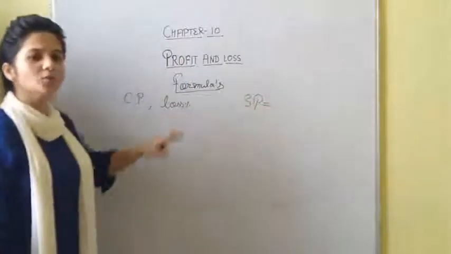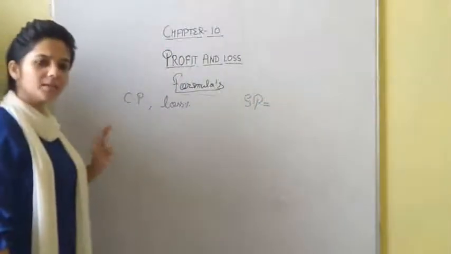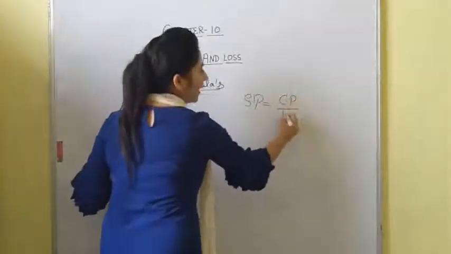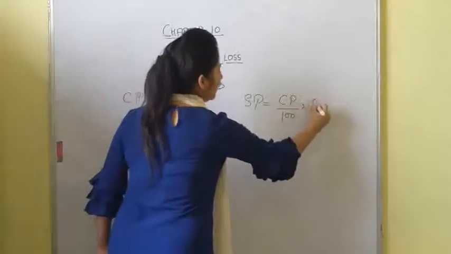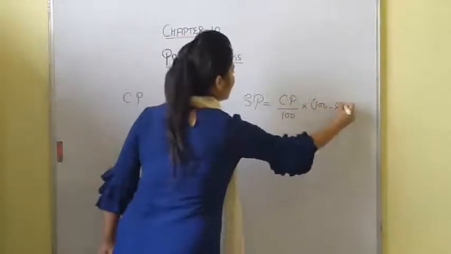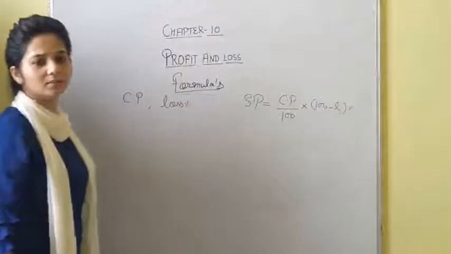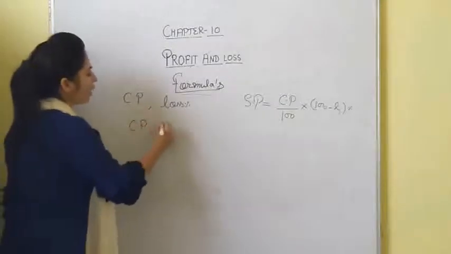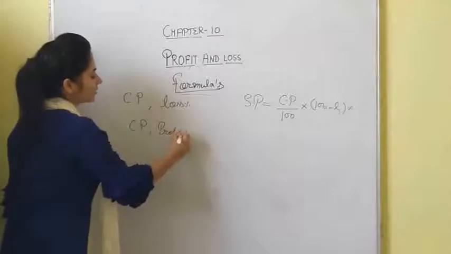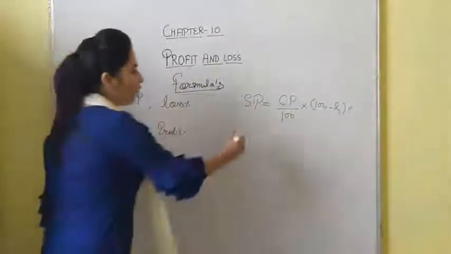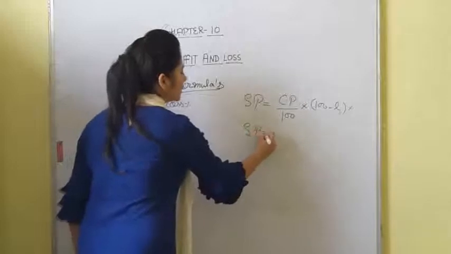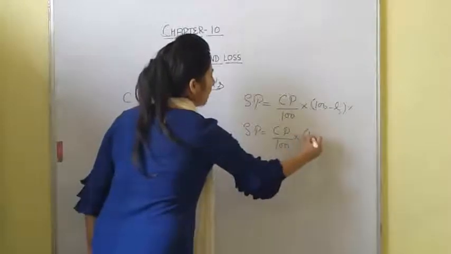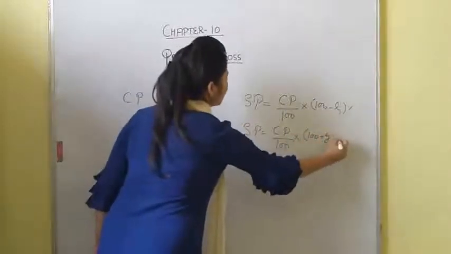And the formula used for SP is CP divided by 100 multiplied 100 minus loss percent. When we have CP and profit percent, then the formula used for SP is CP divided by 100 multiplied 100 plus gain percent.